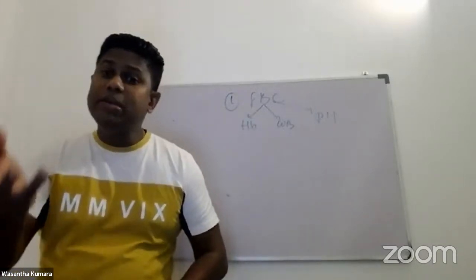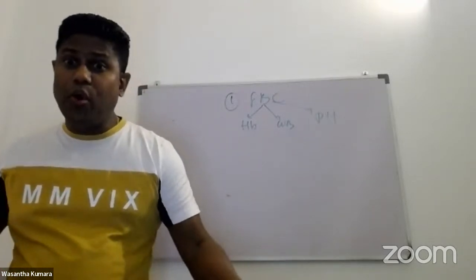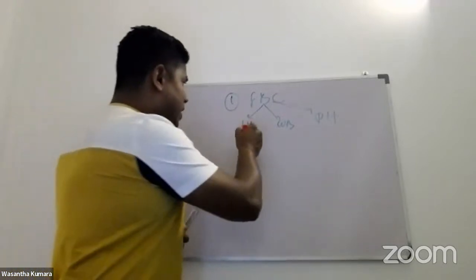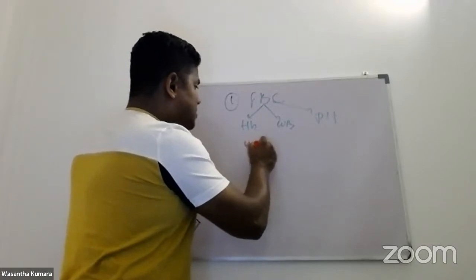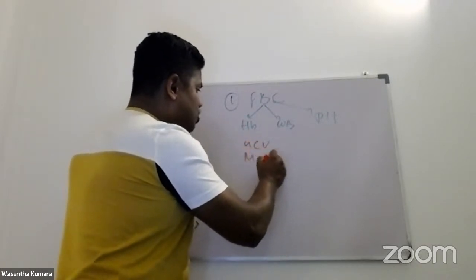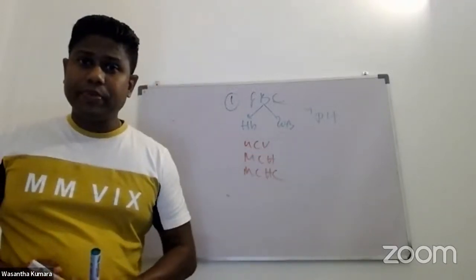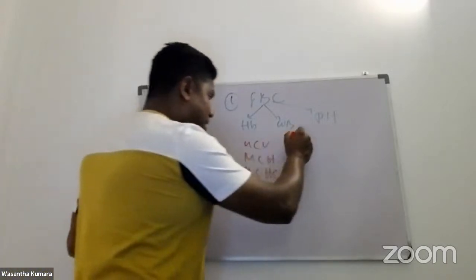What is the hemoglobin level? Whether it's 10, 9, 5, or 4, you can see the severity. Another thing you can detect with the full blood count is red cell indices like MCV, MCH, MCHC. Can you remember these? In iron deficiency anemia, what happens to all these parameters?